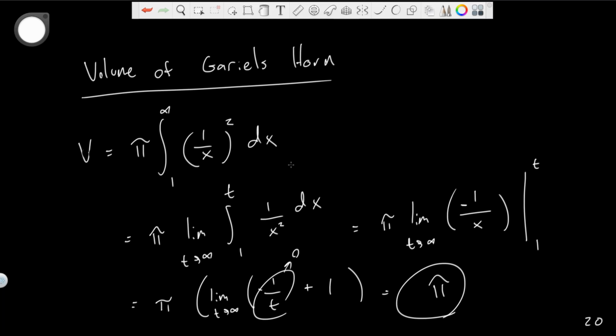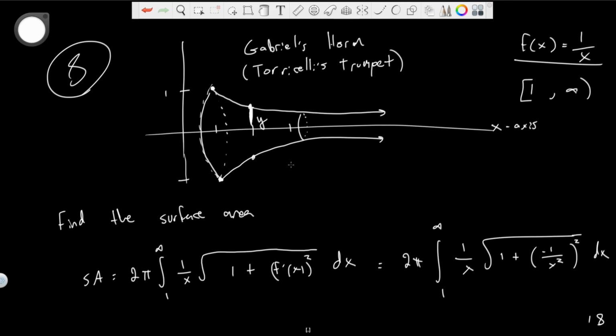Wait a second. Gabriel's horn has infinite surface area, meaning that if you give me a number, no matter how large, if I go out far enough on this trumpet, I will eventually surpass that surface area you gave me.